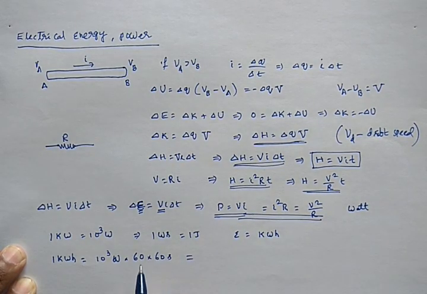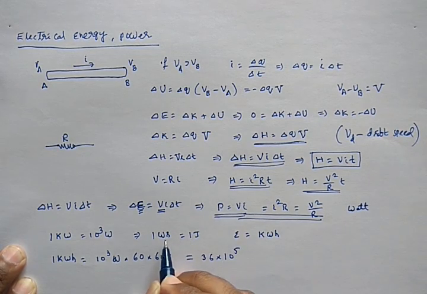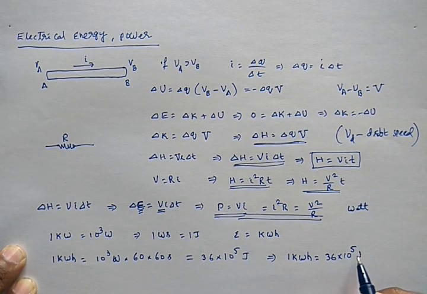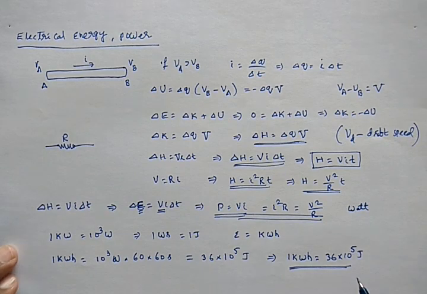So that equals 6 into 6, 36 into 10 power 3, and total 10 power 5, then watt into second, and watt into second is joule. So that implies 1 kilowatt hour equals 36 into 10 power 5 joule. This is the energy conversion.